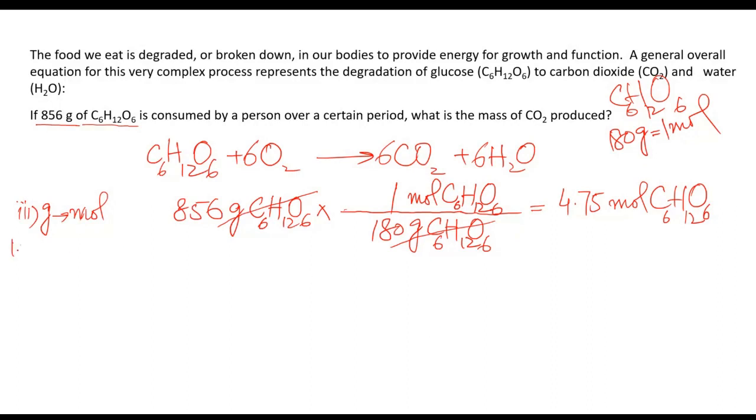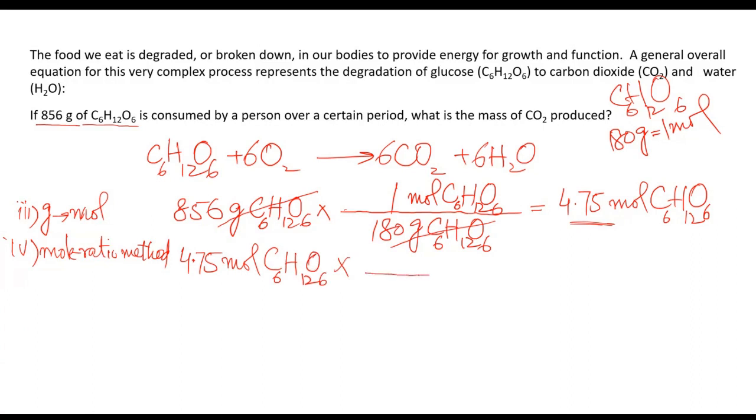Okay, step number 4. What is step number 4? Mole ratio method. What is this mole ratio method, boys? I told you, take your answer here: 4.75 mole of glucose, multiply, divide.